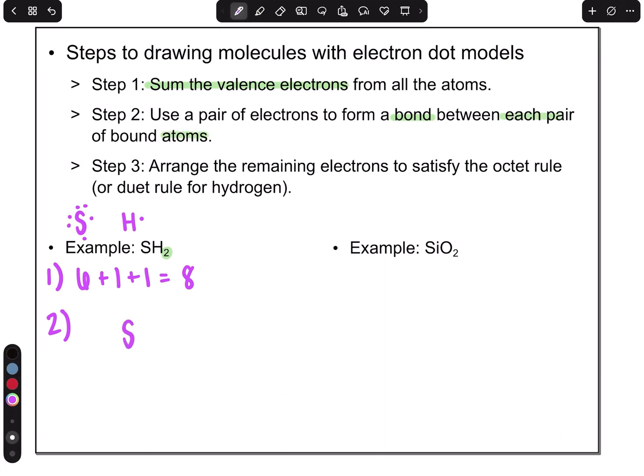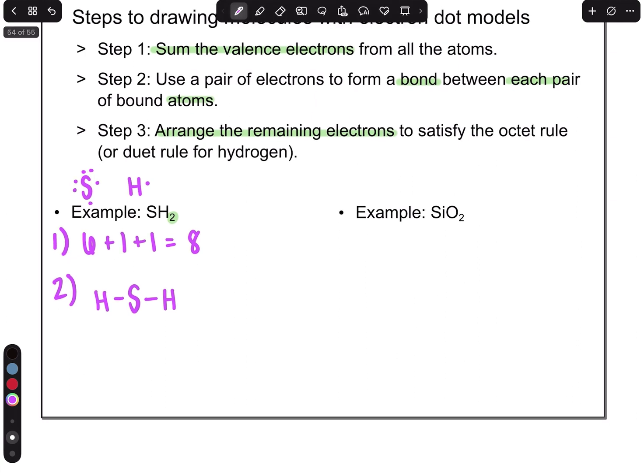So sulfur is going to be in the middle of the molecule, and I'm going to bond it to each hydrogen with a single bond. Step 3 involves me arranging the remaining electrons around the molecule. I'm going to arrange the remaining electrons in hopes of filling the octet rule for all of my atoms.